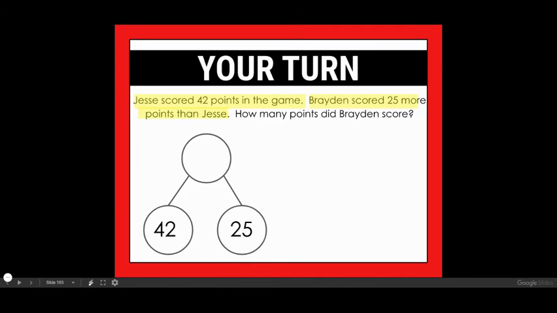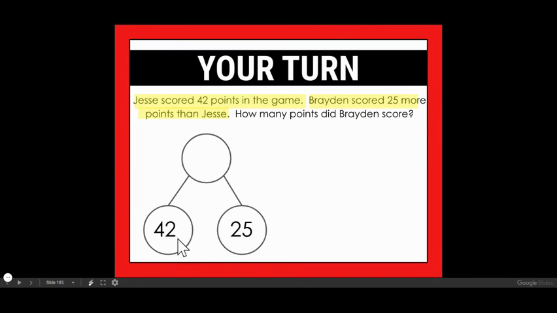So this problem is really similar to our problem we did yesterday with Isabella and Lily and the bracelets, because you'll notice that Jesse scored some, and then Braden scored 25 more than that. Just like Lily had some bracelets and Isabella had more. So again, I'm looking for my total. How many points did Braden have? So this whole represents how many Braden had.